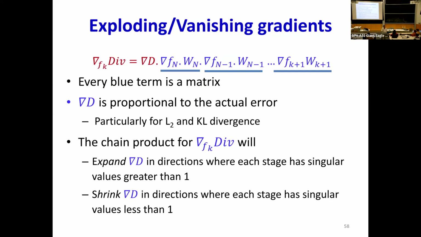And what happens to the derivative depends on the singular values of this product, the product of the Jacobian and the weight matrix. The weight matrix is bad enough. The Jacobian matrix is almost definitely going to be shrinking the singular values further, right? And the manner in which it shrinks it is not fixed. It depends on the input, because f prime depends on the position, right?